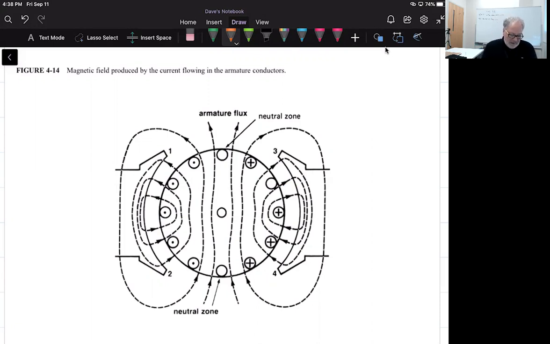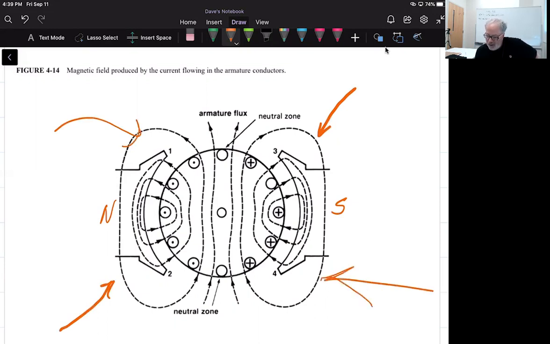The other thing he mentions here is that, although let's say this is a north and this is a south pole in a two-pole generator, this flux is variable, based upon the amount of current flowing in the armature conductors. You have more current, the flux is going to be greater.